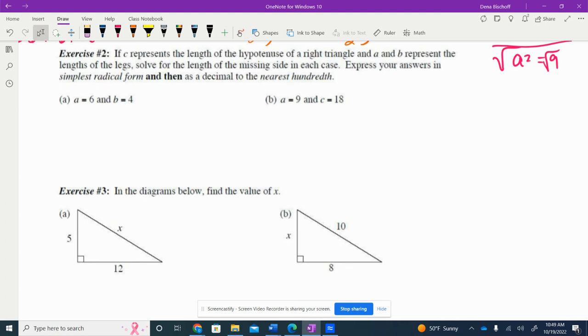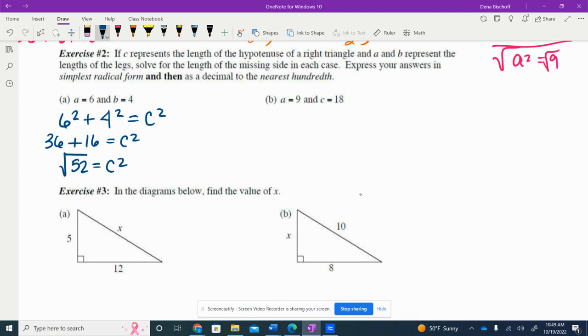So let's look at this one. 6 squared plus 4 squared equals c squared. 6 squared is 36, 4 squared is 16, equals c squared. 36 plus 16 is 52. 52 equals c squared.